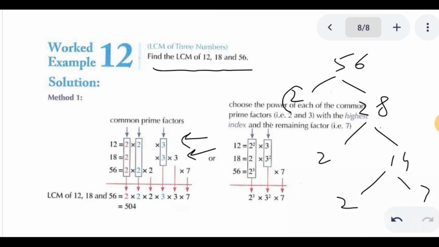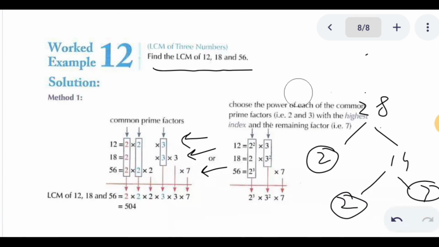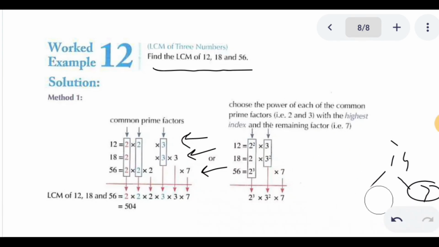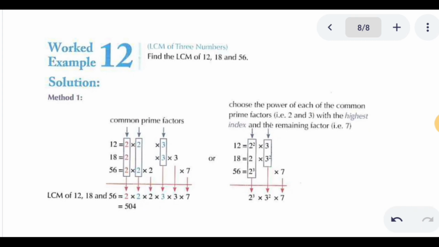Its prime factors will be 2, 2, 2 and 7, and we have written these factors here in front of 56.